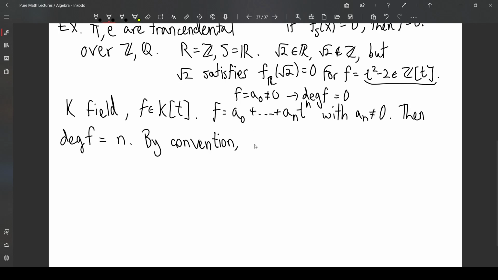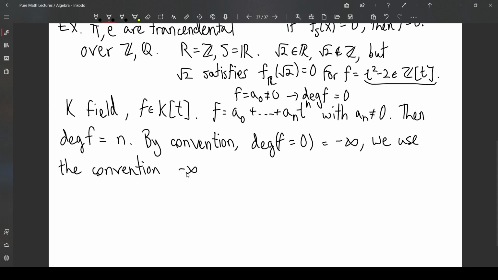However, the degree of f, which is the 0 polynomial, has no non-zero coefficient, and so by convention we say that this is minus infinity, and we use the convention that if I take minus infinity plus anything, I get minus infinity.